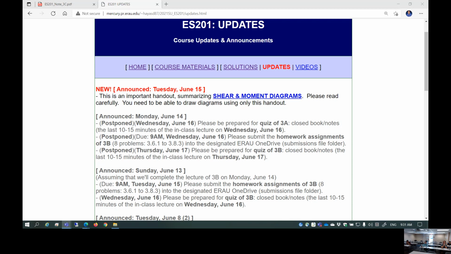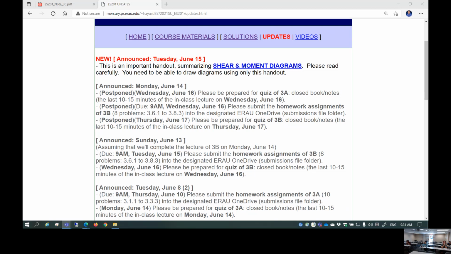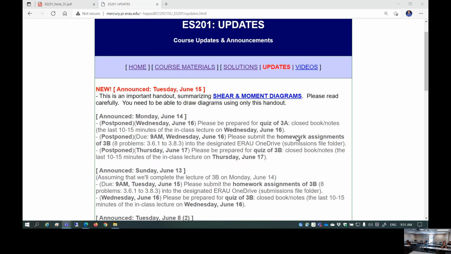That's tomorrow. And we're on 3C right now. So the 3C homework is going to happen fairly soon. And in 3C, a quite important thing is you're going to understand introducing a virtual cut and then exposing the internal loading, up to three things: normal force, shear force, and moment at each given cut section.